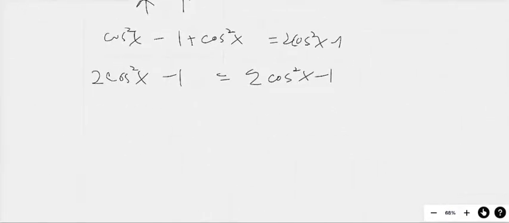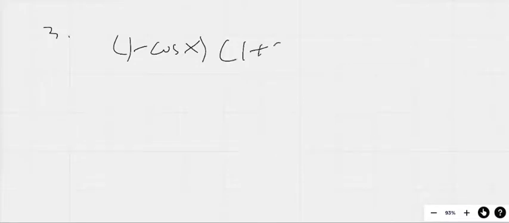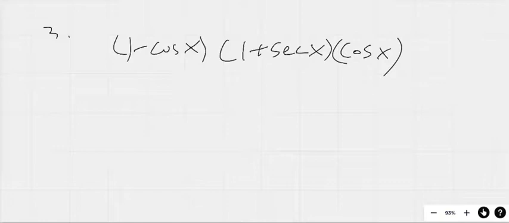So let's look at the third problem. One minus cosine x times cosine x, times 1 plus secant square x times cosine x. And in this type of problem, you usually want to multiply everything together so that you can get a complete expression to simplify.